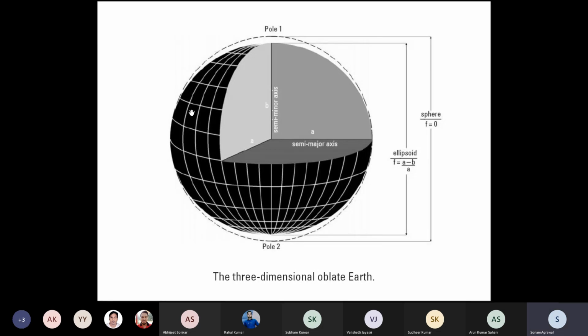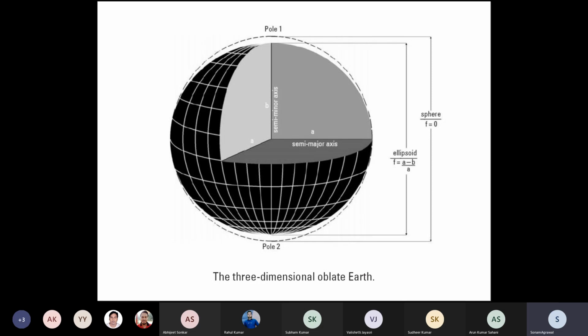So this is the mathematical model of the Earth, and we are defining the Earth shape and size with the help of some parameters. First one is the semi-major axis. Second one is the semi-minor axis.